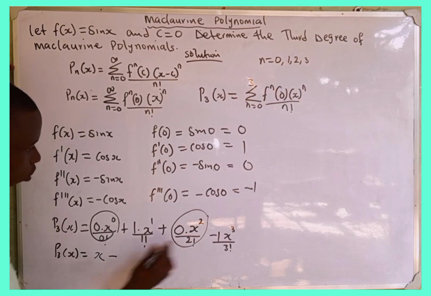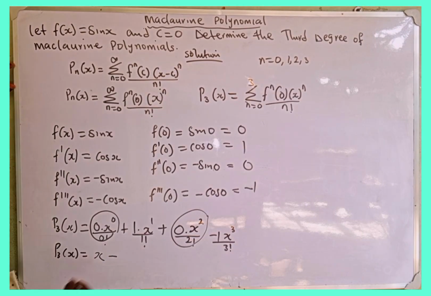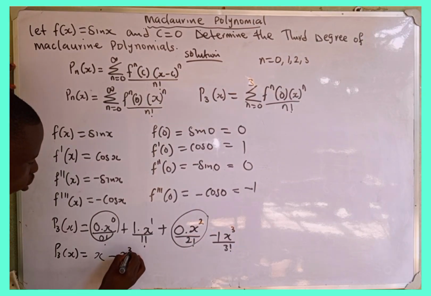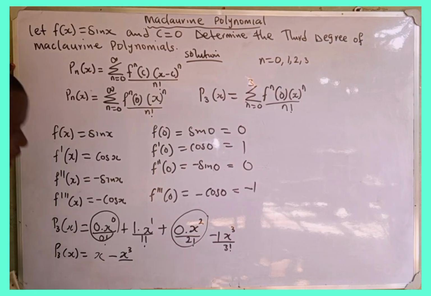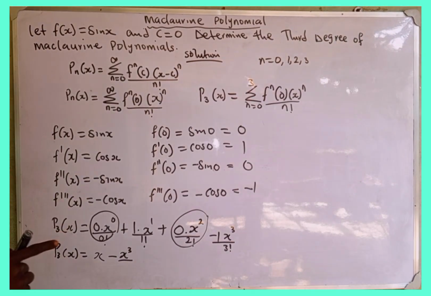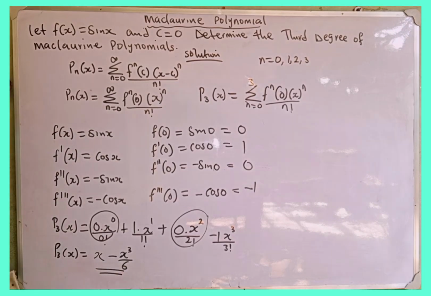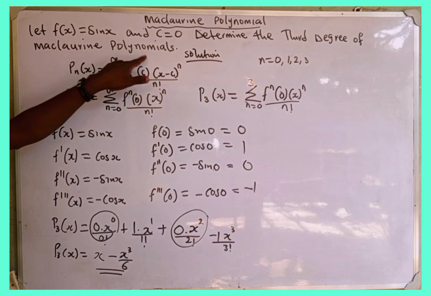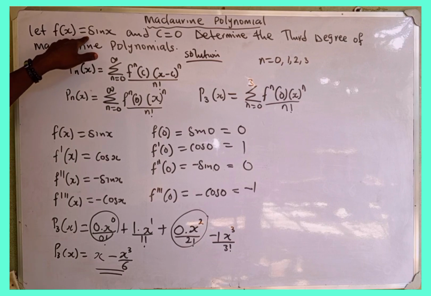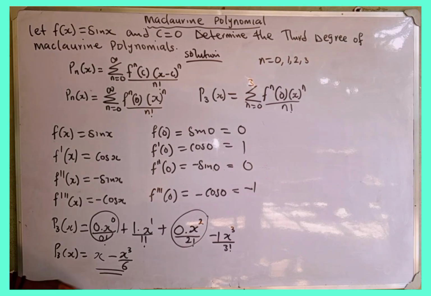Then minus 1 multiplied by x cubed is the same as minus x cubed, over 3 factorial, which is 3 multiplied by 2 multiplied by 1, giving us 6. Therefore, the third degree Maclaurin polynomial of the function f of x equal to sine x is x minus x cubed over 6.